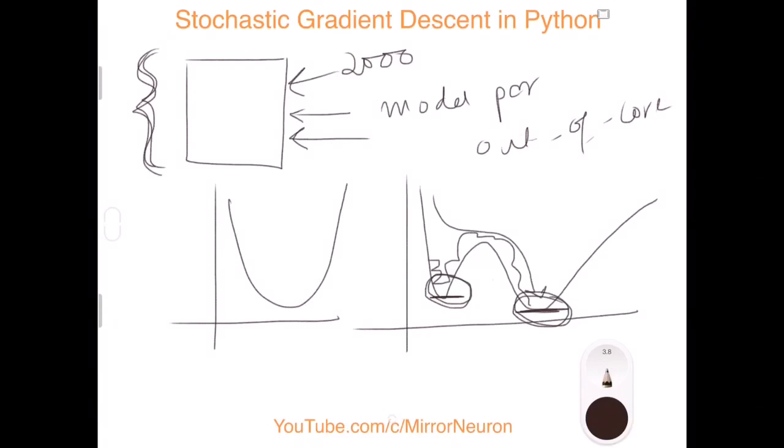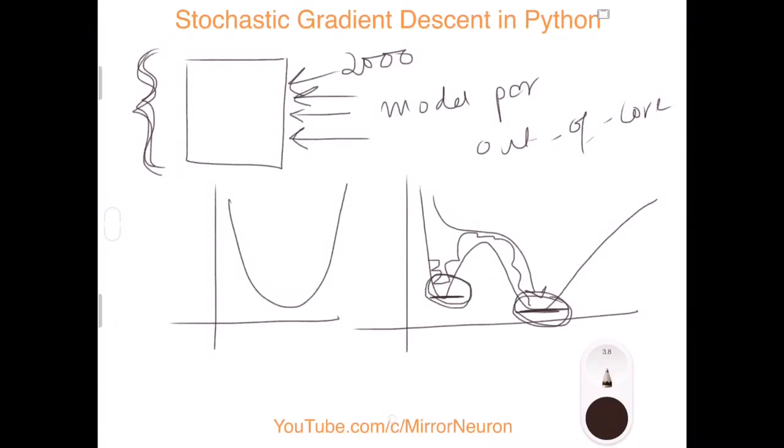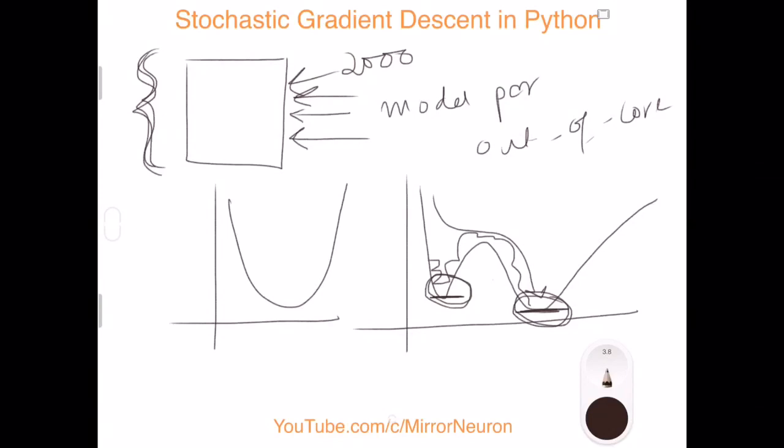But there are a couple of problems as well in stochastic gradient descent. One problem is that when we are taking random samples, there is a possibility that I might end up picking the same instance over and over again, and I might not pick some samples at all. That is one issue.